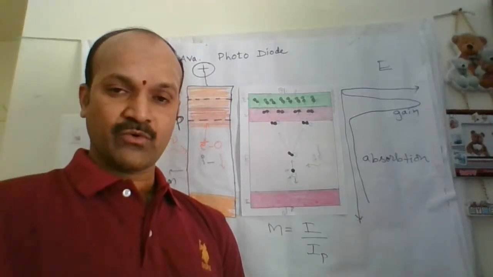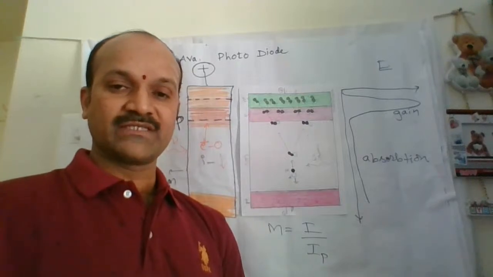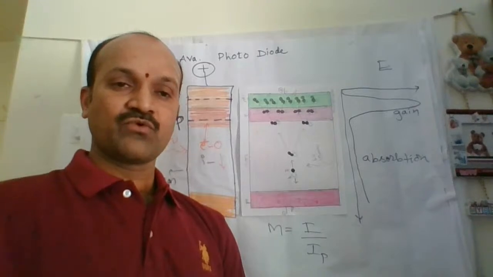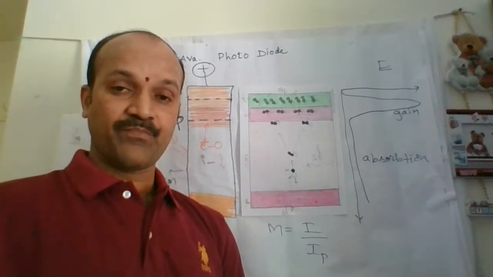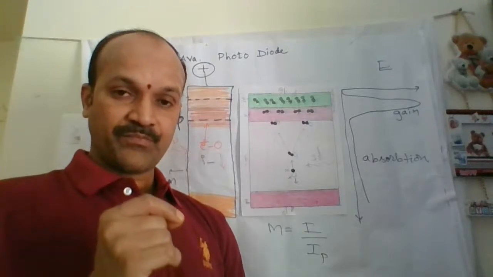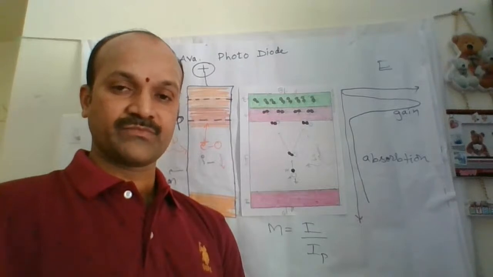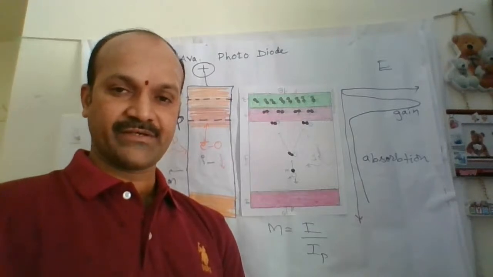Among them are the photodiode, the avalanche photodiode, and the PIN diode. The main advantage of the avalanche photodiode is that it detects low intensity light.